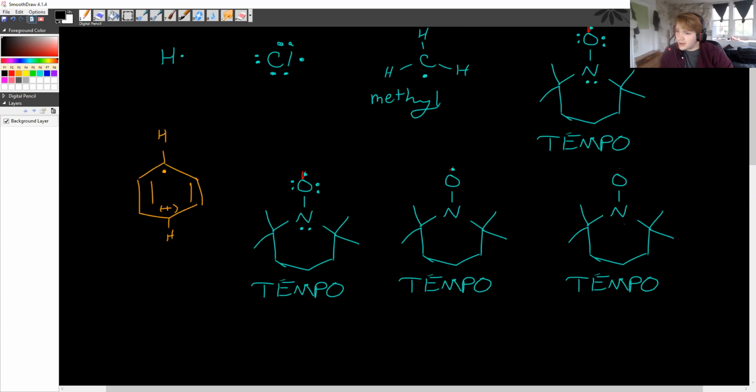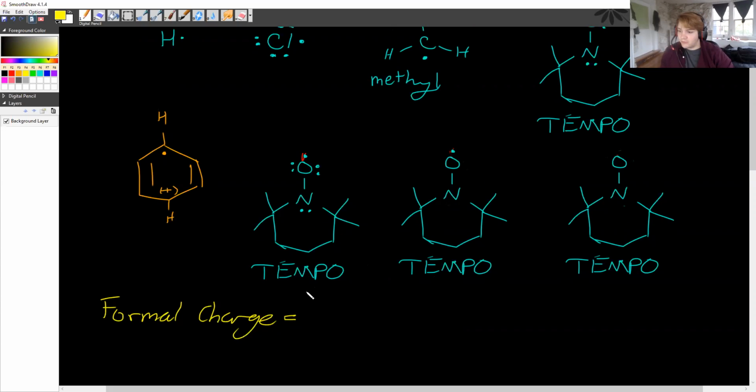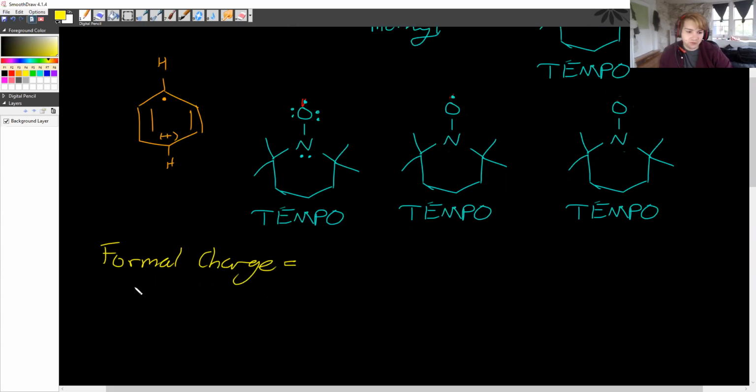This brings in the idea of things like formal charge. Does a molecule with a radical have a charge or not? What we can say is that we can take the group number of the atom, minus the number of unshared electrons, minus the number of bonds.